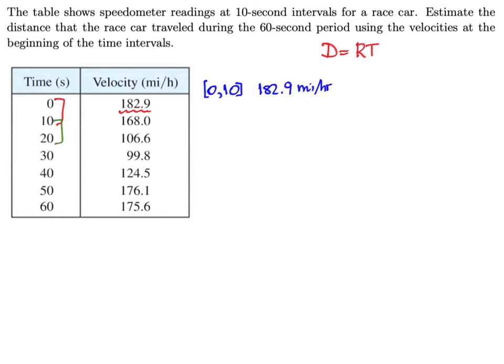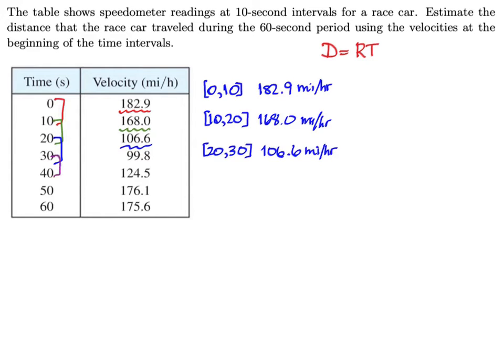The second interval between 10 seconds and 20 seconds, we're going to use the speed 168 for the entire interval. The next one, 20 to 30, we're going to use the speed at the beginning of the interval, which is 106.6 miles per hour. And the interval from 30 to 40, we're going to use the velocity at the beginning of that interval, which was 99.8 miles per hour.